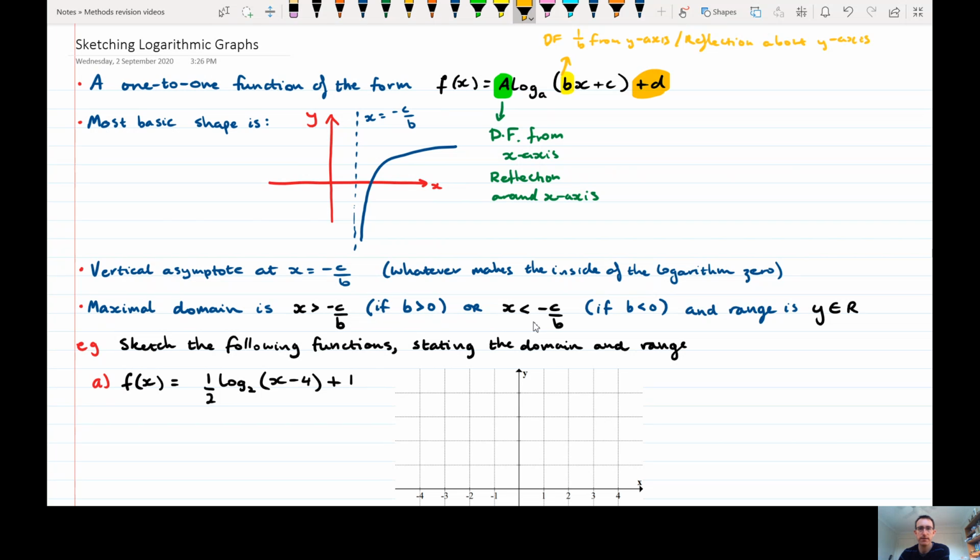This d at the end is our vertical translation. Not an asymptote in this case. The asymptote applies to the horizontal component this time, and that's where the bx plus c is helpful.